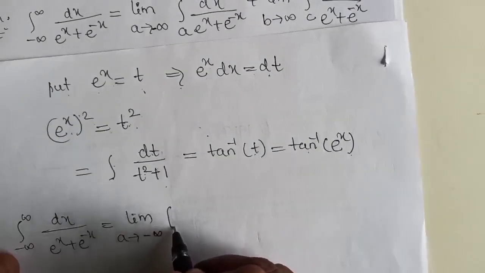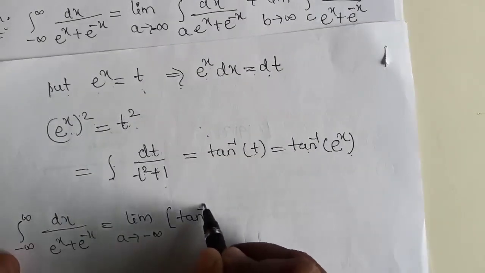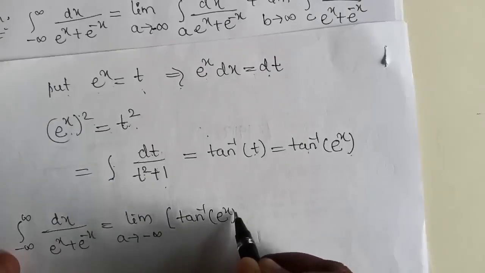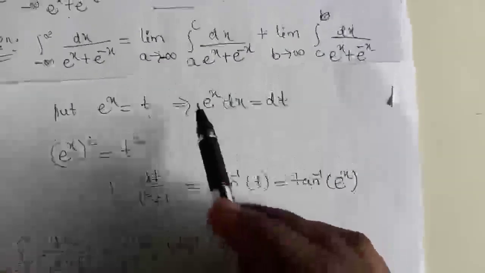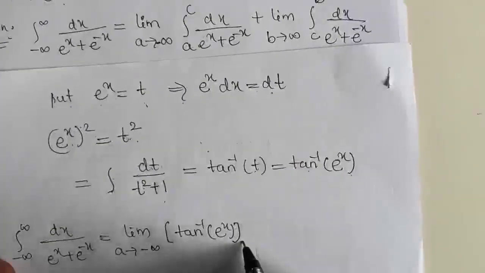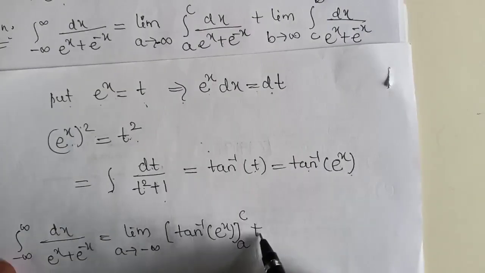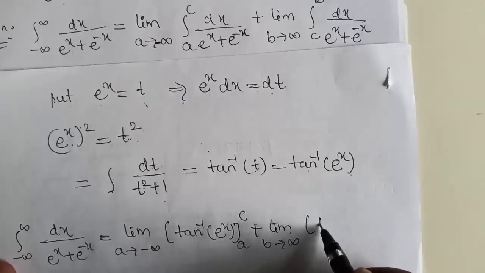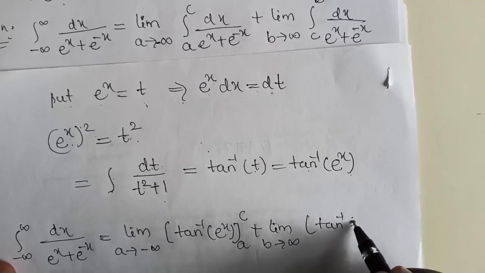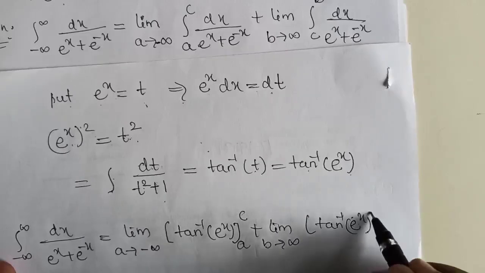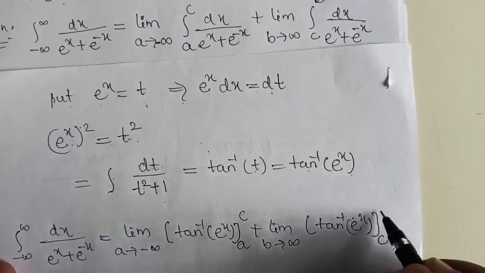Substituting that value, we get tan inverse of e raised to x with limits a to c, plus limit b tends to infinity of tan inverse of e raised to x with limits c to b.